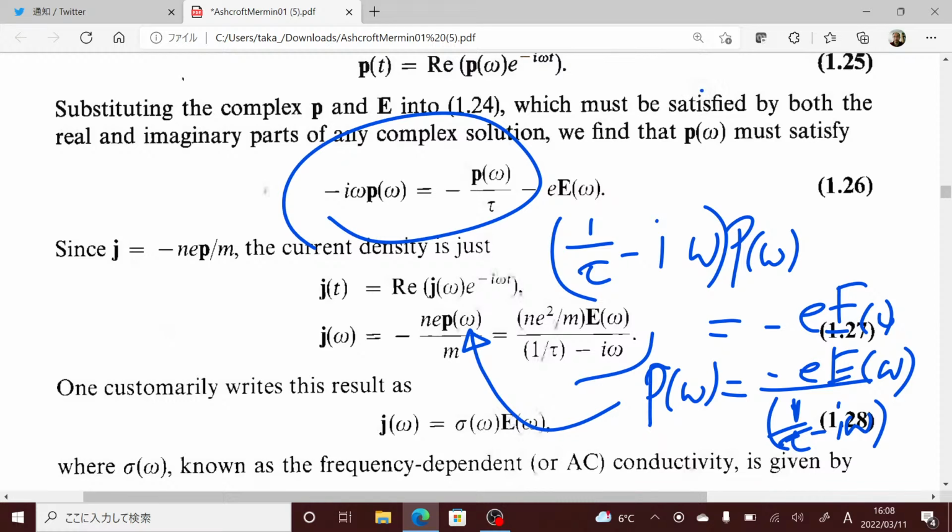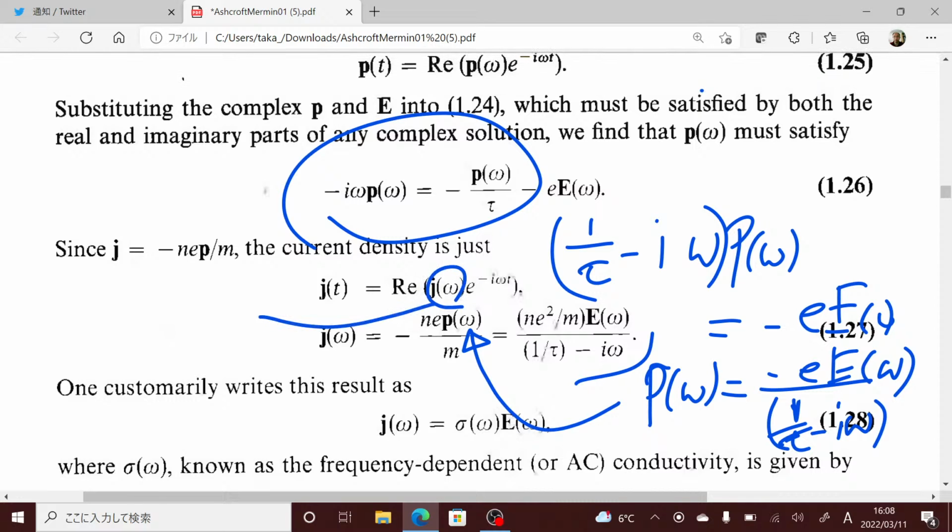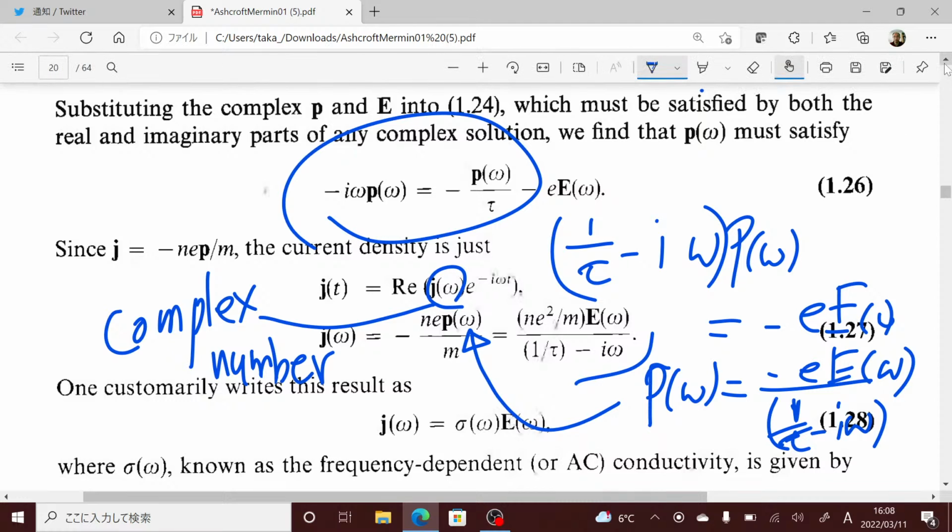So this is a complex number, and the question is whether this is complex or not.